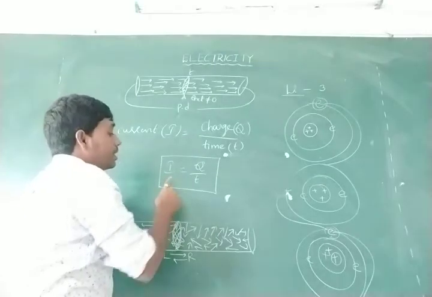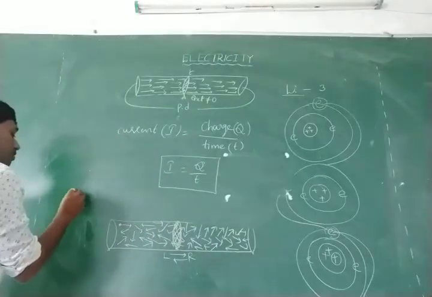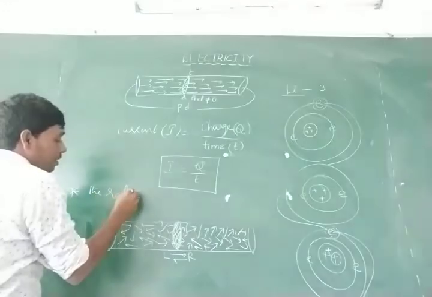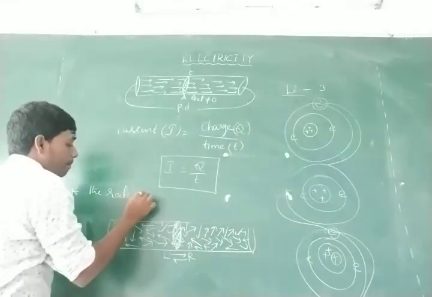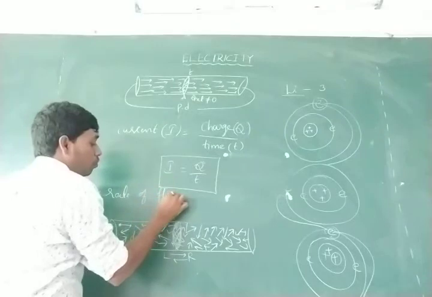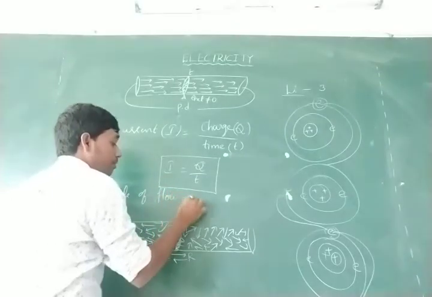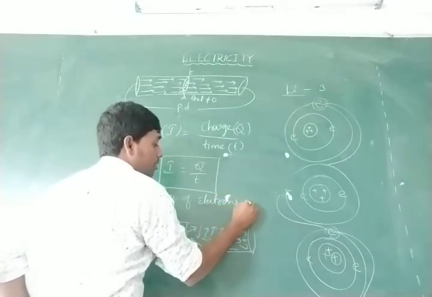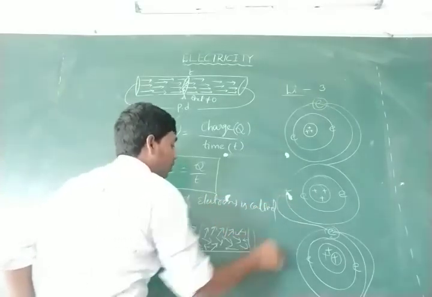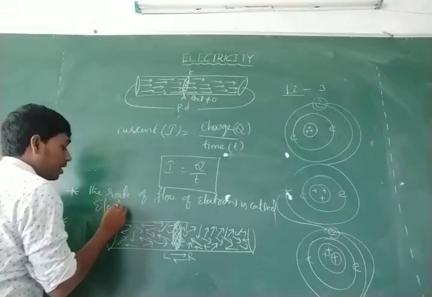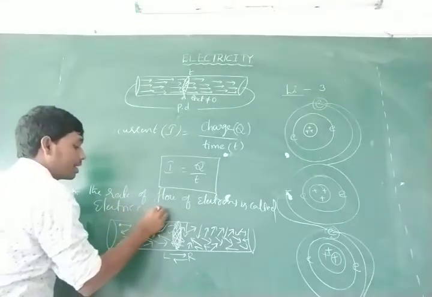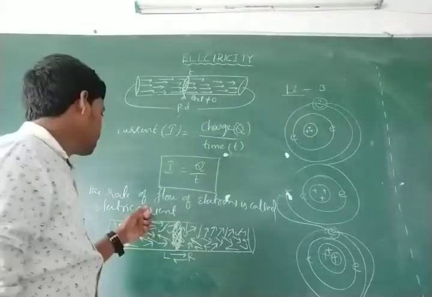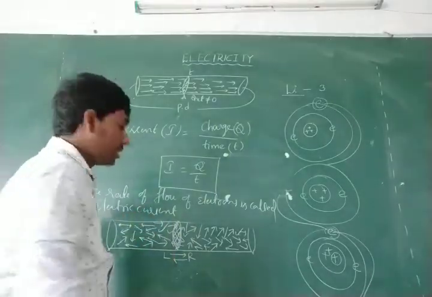So electric current, as a simple definition, is the rate of flow of electrons. The rate of flow of electrons is called electric current.